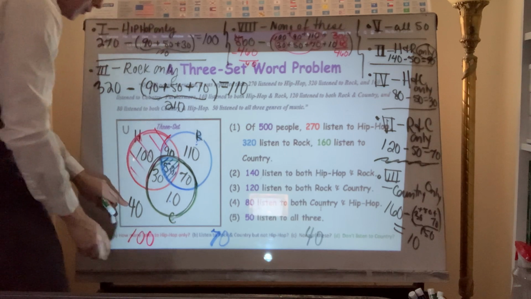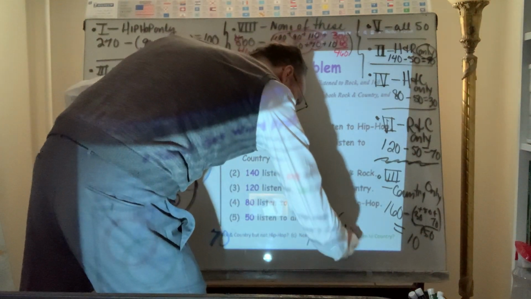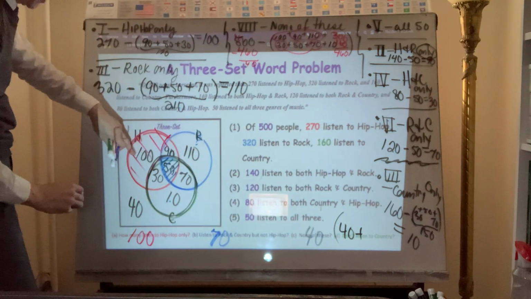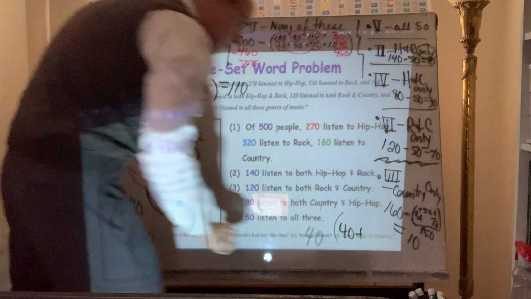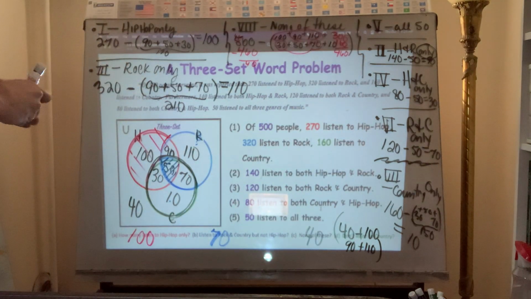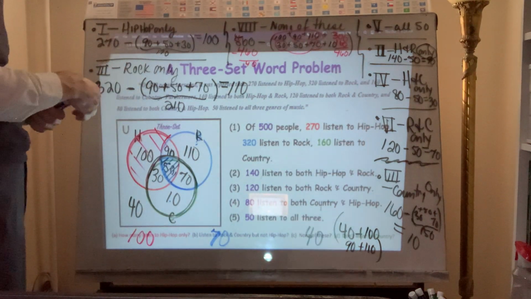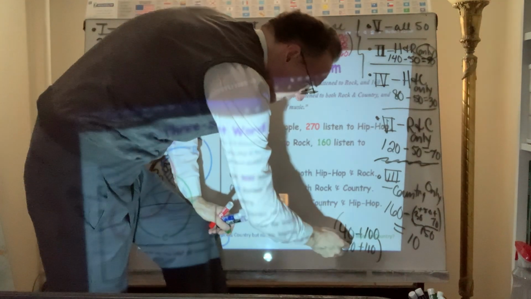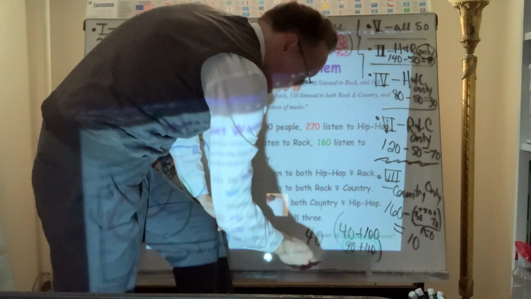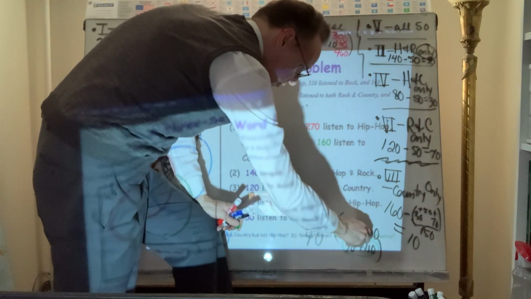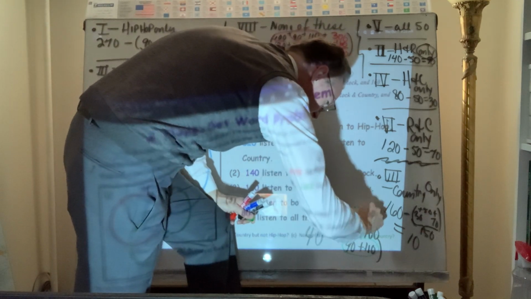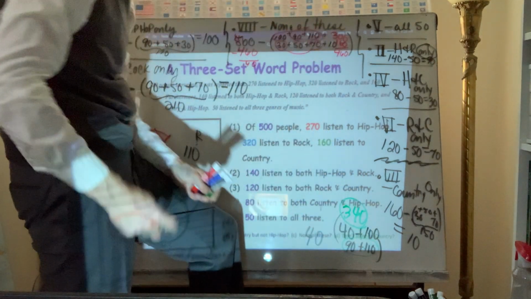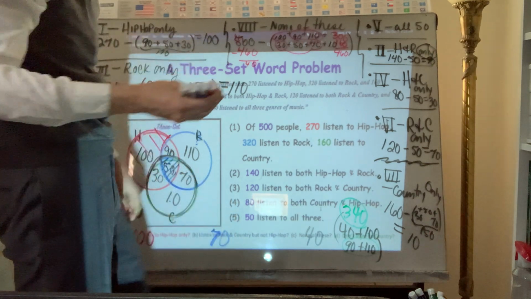So that's 40 plus 100, 90, and 110 total. Which would be what? I use green in this case because it would seem to be appropriate. 90 plus 110 is again 200. 200 plus 100 is 300. 300 plus 40 would be 340, it should be. Kind of the whole kit and caboodle.